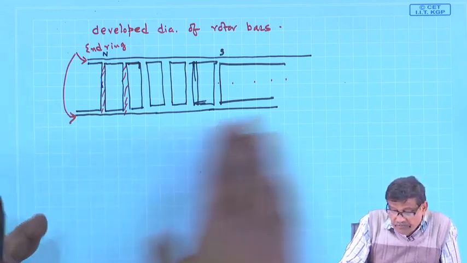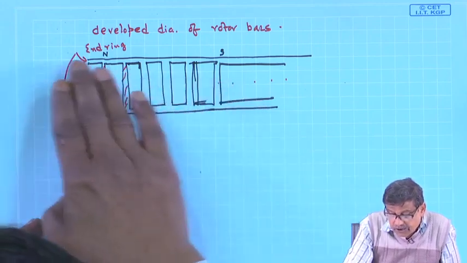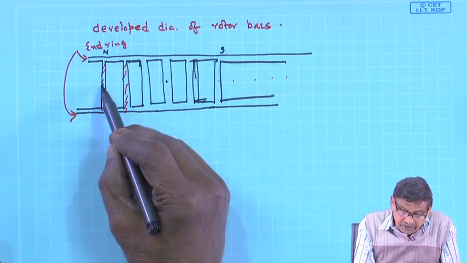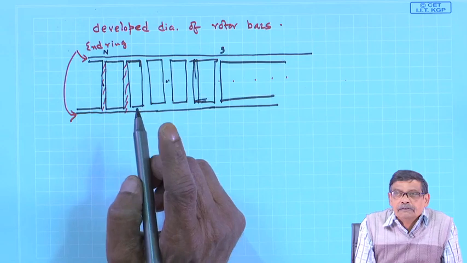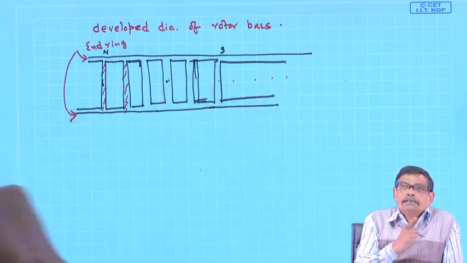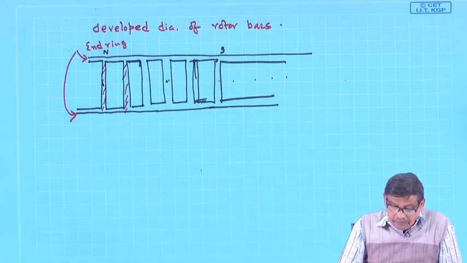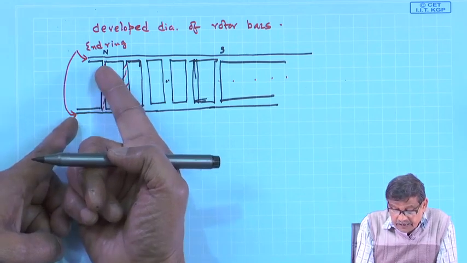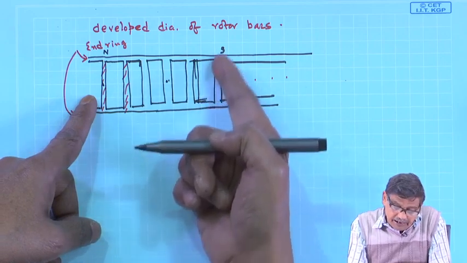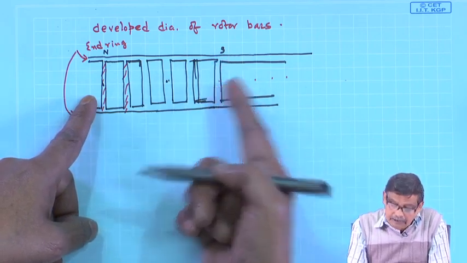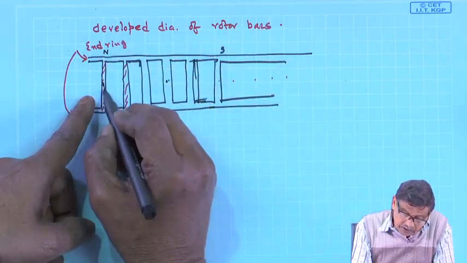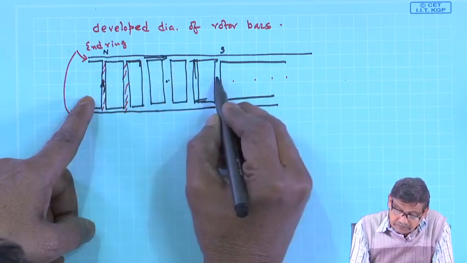But here, because all the coil ends are shorted, no one knows whether this fellow will act as return conductor of this fellow or not. It will be decided solely by the stator number of poles. If this is under the center of the north pole, you will find a bar exists where this bar will be under the center of the south pole. Both of them will have same induced voltage, additive voltage, and current will return like this.